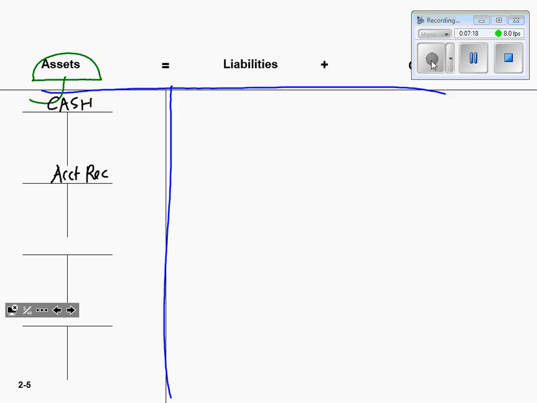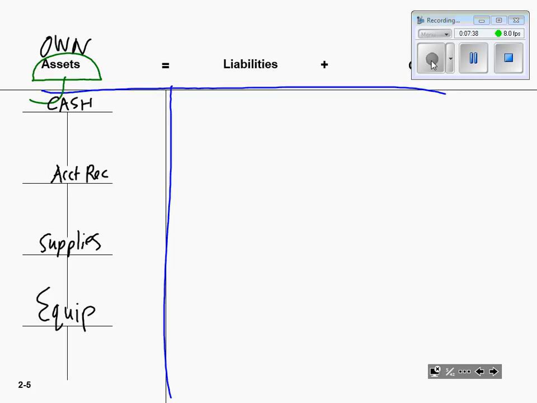Could I get the money if I really tried? Yeah, okay. Another asset that we own are supplies. And then we also learned, another one was equipment. Assets are all things that we own.